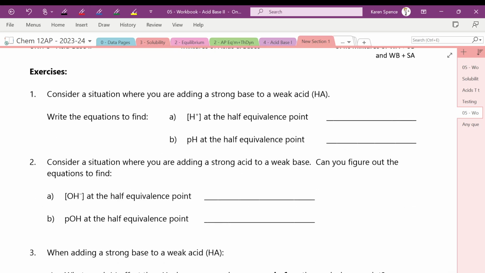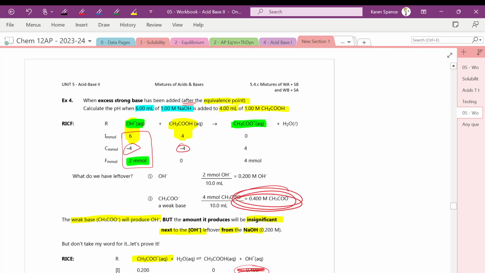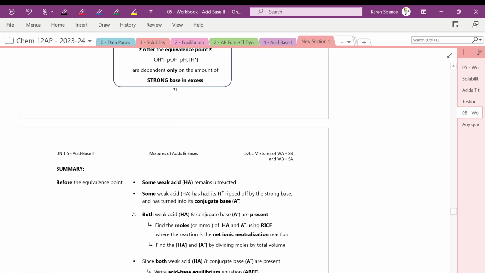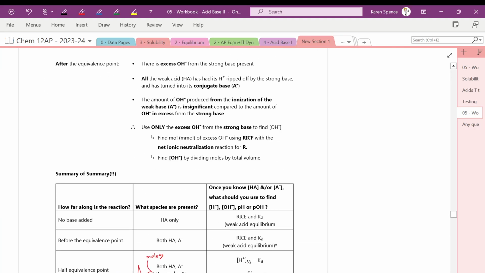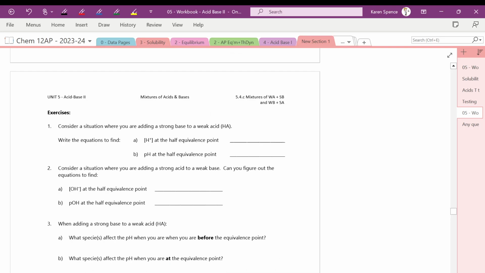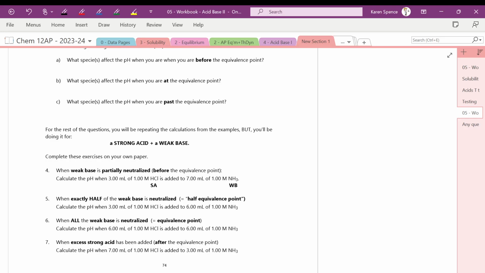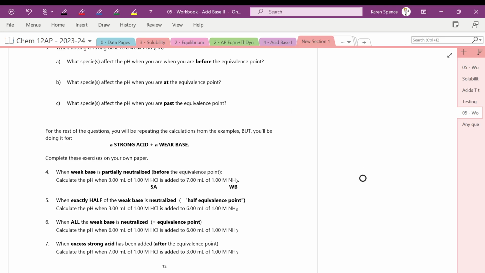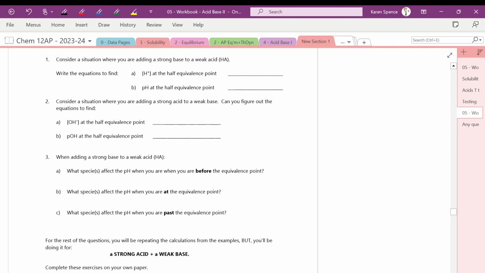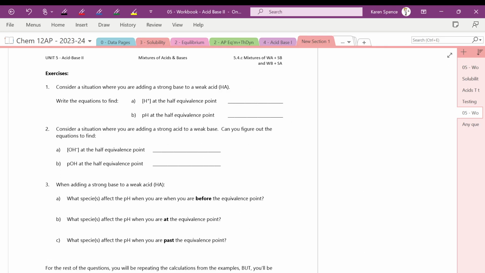So you guys today are going to do for homework, and I swear to God, I'm not being unreasonable today, page 74, numbers 1 through 3, which is small.